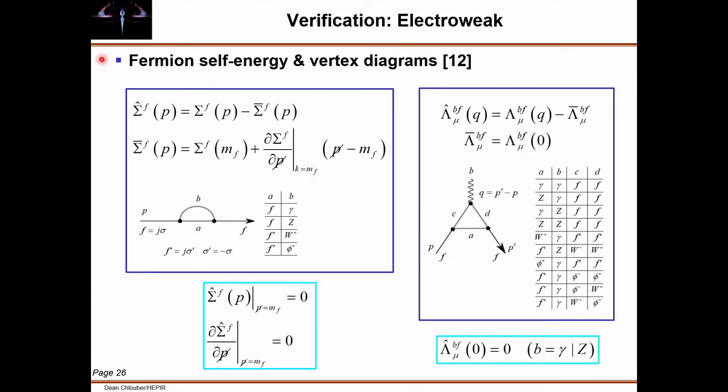For fermion self-energy and vertex diagrams, we construct the stabilized amplitudes. And using the expansion method, we evaluate the dressed core amplitudes. And we easily obtain the stability relations, which agree with the usual renormalization conditions.